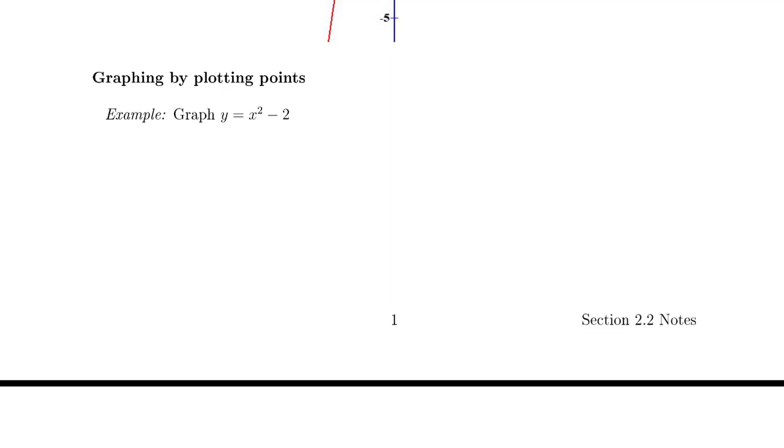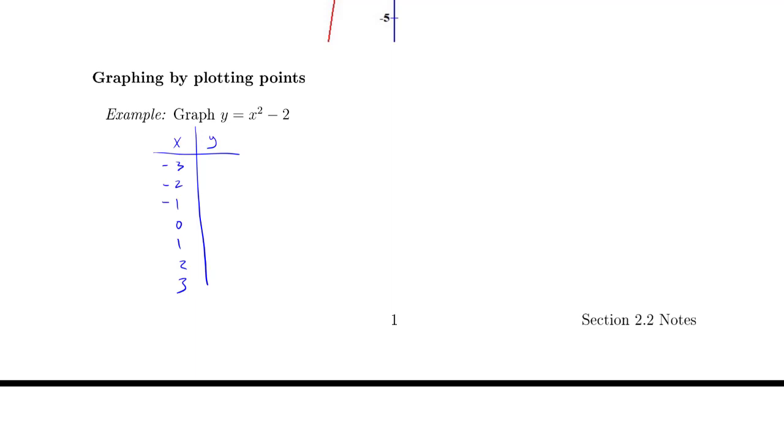So imagine that we just pick a bunch of values of x and we calculate the values of y that we would get. So I'm just going to pick -3, -2, -1, 0, 1, 2, 3. So just a sampling of some negative values and some positive values of x, and 0.